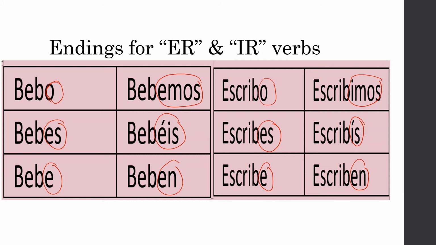So the only difference is going to be right here in the nosotros. Since bebemos is an ER verb, it's going to have an E, and also in the vosotros. You'll notice that there is an accent on the E. And then over here in the IR, we've got an I in the nosotros, and then an accent on the I in vosotros.